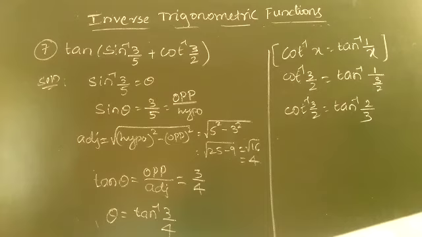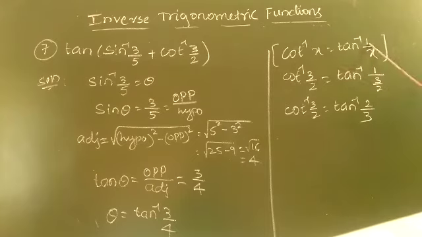Using this property, cot inverse 3 by 2, x value is 3 by 2, is equal to tan inverse 1 divided by 3 by 2. Cot inverse 3 by 2 is equal to tan inverse 2 by 3.